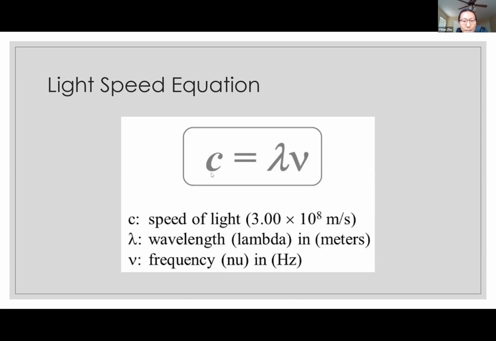Does the speed of light change when it passes through different objects, air, or water? Well, I don't think so. When it passes through air or water, it can bend the light, but it does not necessarily change the speed of light. It's not like sound, because sound travels at different speeds in different objects.